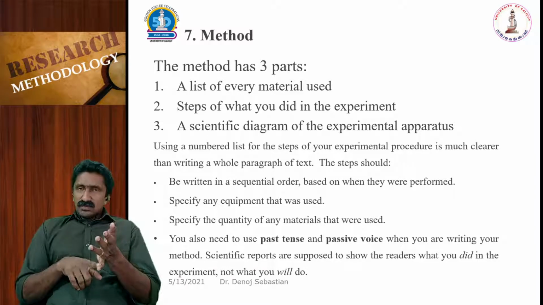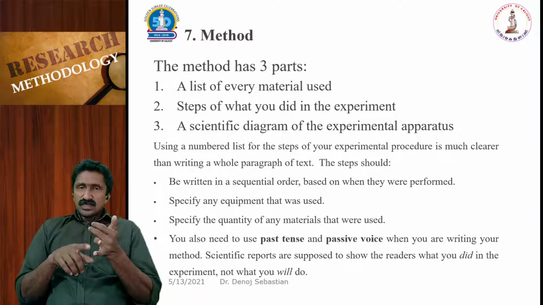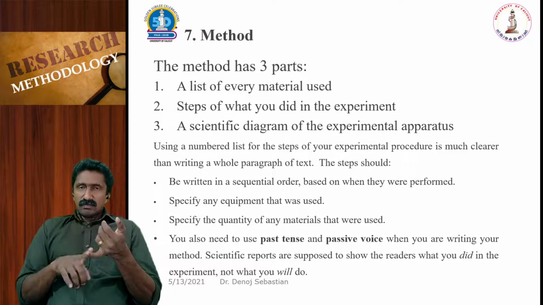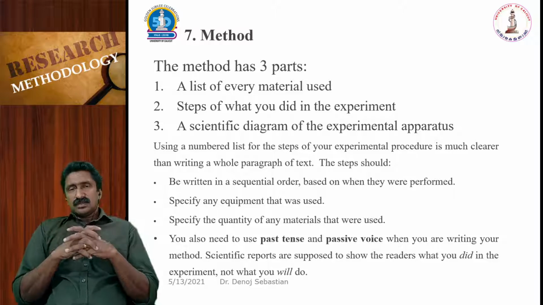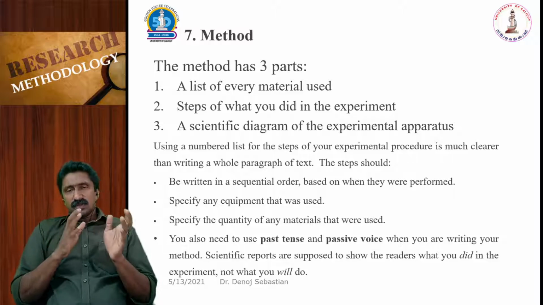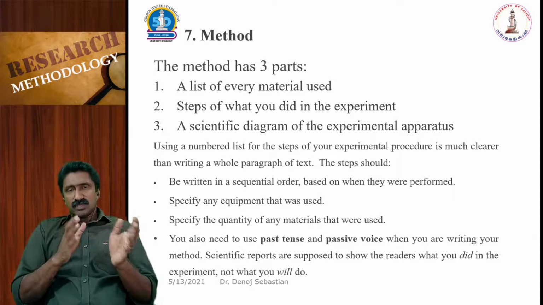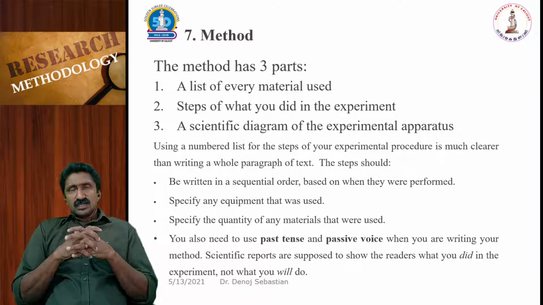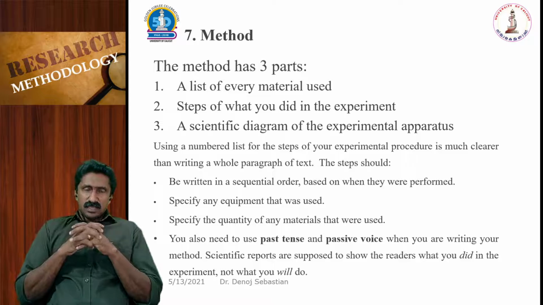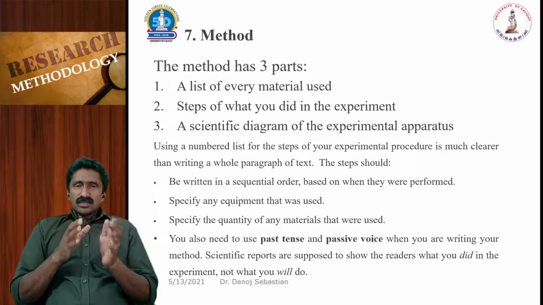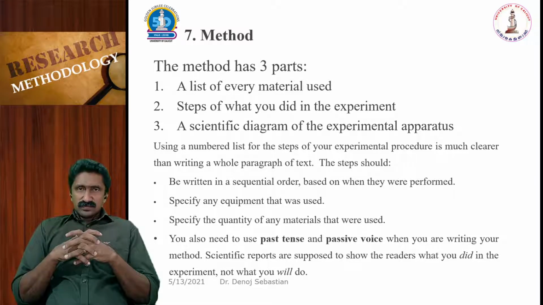Specify any equipment that was used, and usually it should be mentioned with the brand name or company name, the model name, and the specific model number. All that needs to be mentioned when you are describing the equipment. Then specify the quantity of the materials that are used.